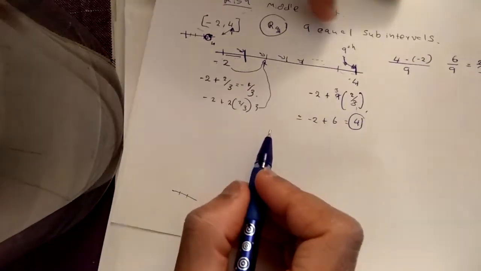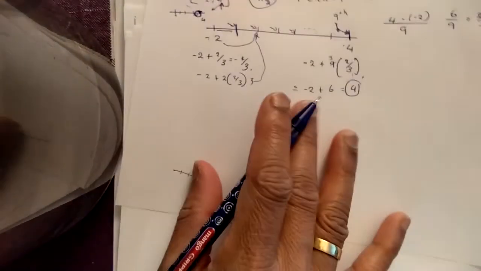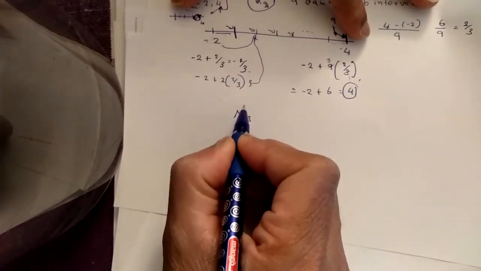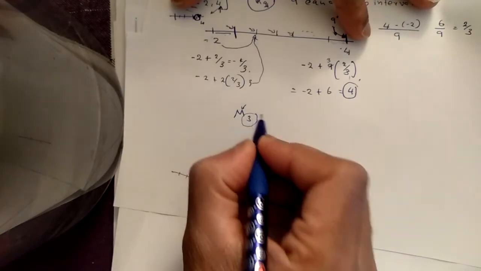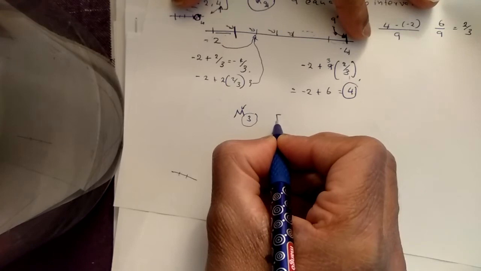Right. Then let's see what we mean by M3. The only difference is that M represents the middle, and 3 represents that we have to divide the interval into 3 equal parts.